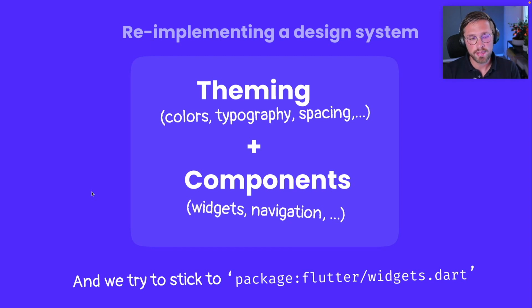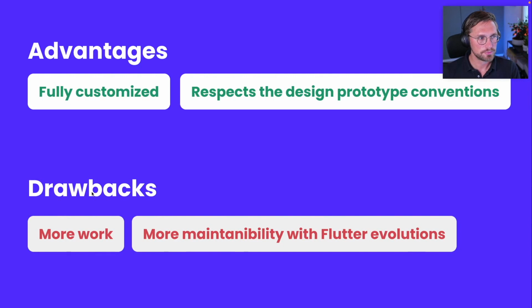This also means that we will try to stick to the widgets Dart library, and we will avoid the Material library. The advantage of this approach is obviously that everything can be customized. It also allows you to respect the naming conventions that the design team has defined.